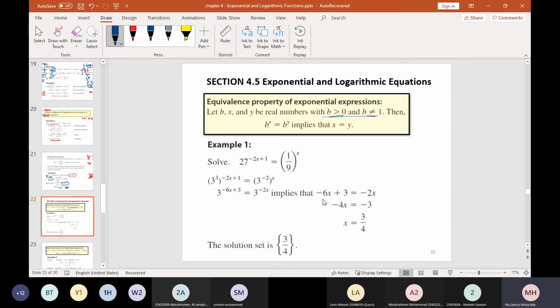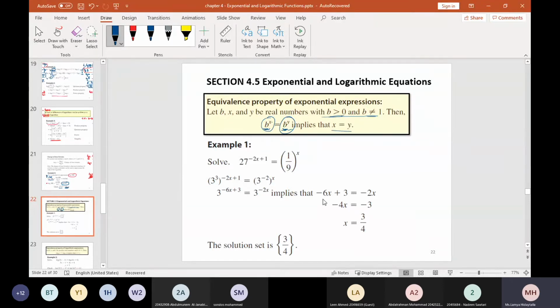In particular, he gave me here that b to the x is equal to b to the y. So immediately, if there is something like that with the same base, then this value is equal to this value, so there is no way except that x is equal to y. So immediately you put x equal to y.